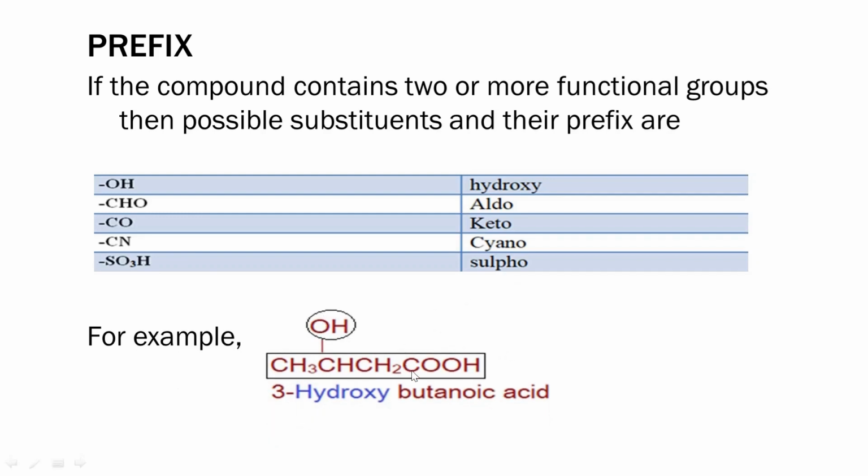Here COOH is getting priority, that's why the COOH group is indicated by a suffix, that is oic acid, and OH is indicated by prefix. And for OH we use hydroxy. Alright, so the name is hydroxy butanoic acid.